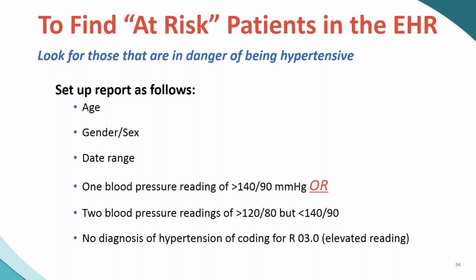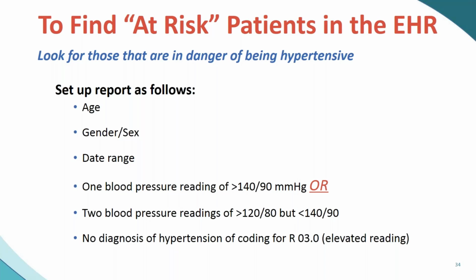And I would say that there's two major categories here. One is patients who have only one reading but are greater than 140/90. The second is you may have had two blood pressure readings but they both are running in that 120/80 to 140/90. So at risk, you're concerned.